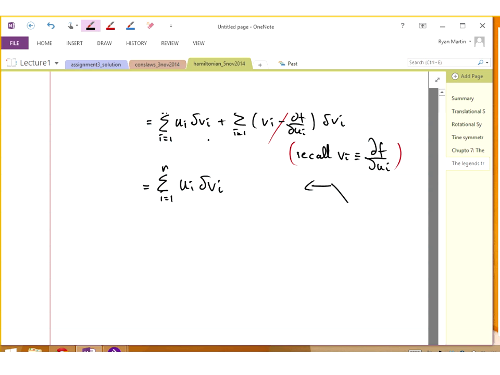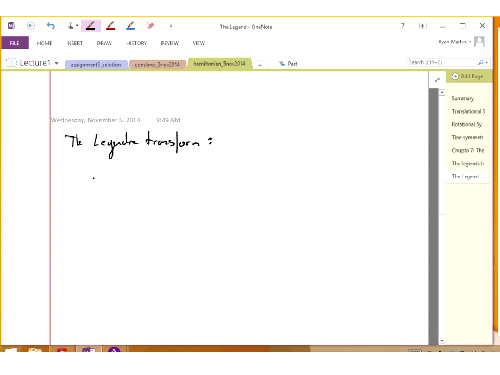So the Legendre transform: if we have f of the u_i and g of the v_i, then we can write that v_i is equal to the partial of f with respect to u_i, and u_i is equal to the partial of g with respect to v_i.